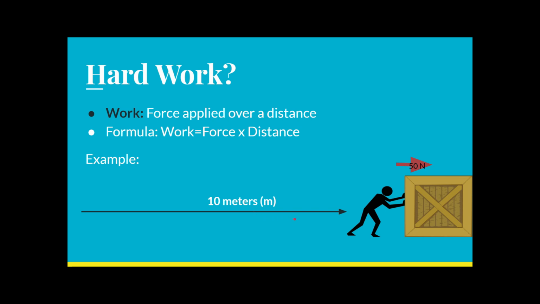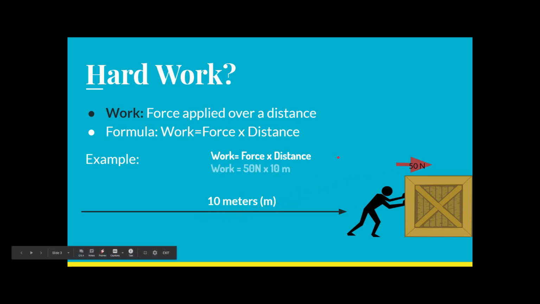So here's how we would calculate that. So work is force times distance. And we know that the force is 50 newtons and the distance is 10 meters. So we can plug in what we know. So work is 50 times 10, which means that the work that we did is 500 joules. Now, those are the units of energy in SI units, but you don't have to worry about that too much right now.